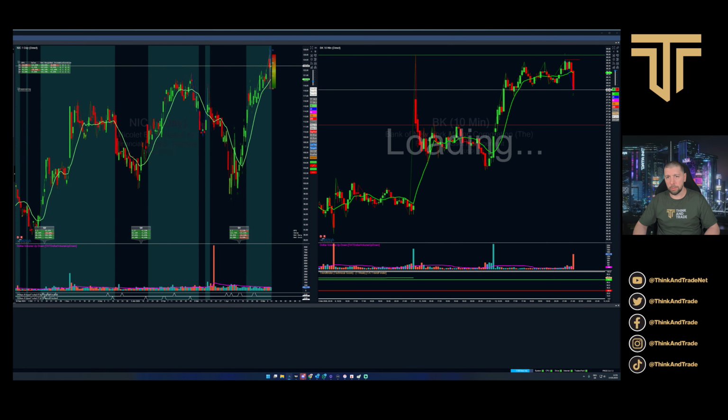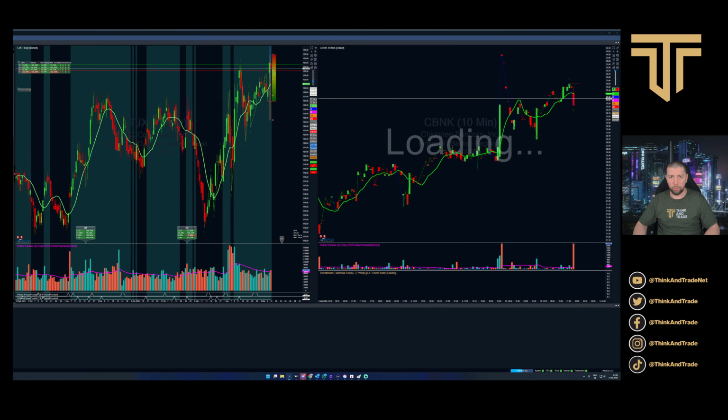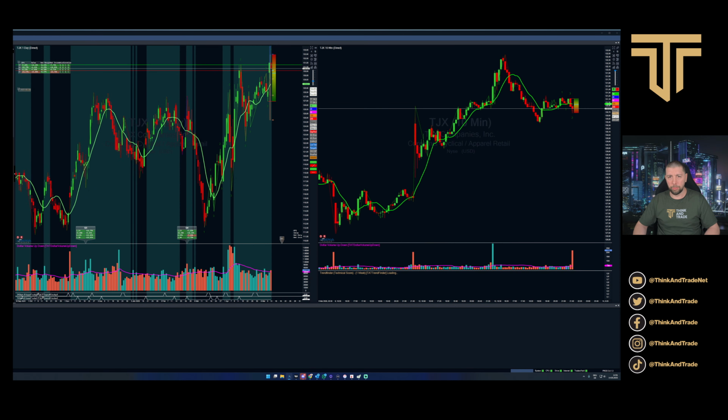There are a lot of stocks, but as I mentioned, I'm trying to filter out all of those stocks where we have a really huge spread.